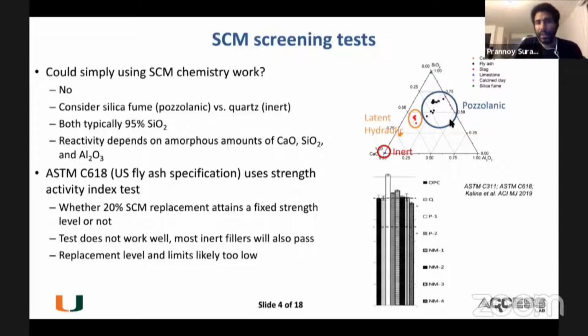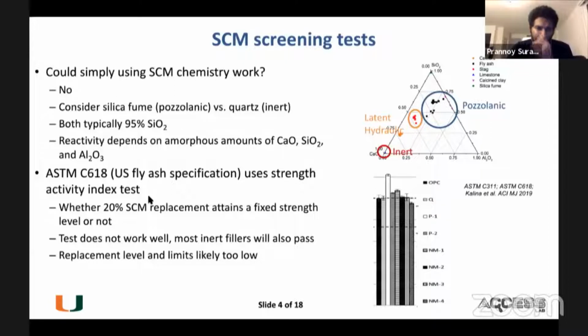Now, in the US, one of the ways that SCMs are screened when it comes to US fly ash specifications, for example, is, and the specification is ASTM C618, by the way, but the test is known as a strength activity index test. So what that test does is it checks whether a 20% replacement with fly ash attains a fixed strength level. It's 75% of the control mix without any fly ash.